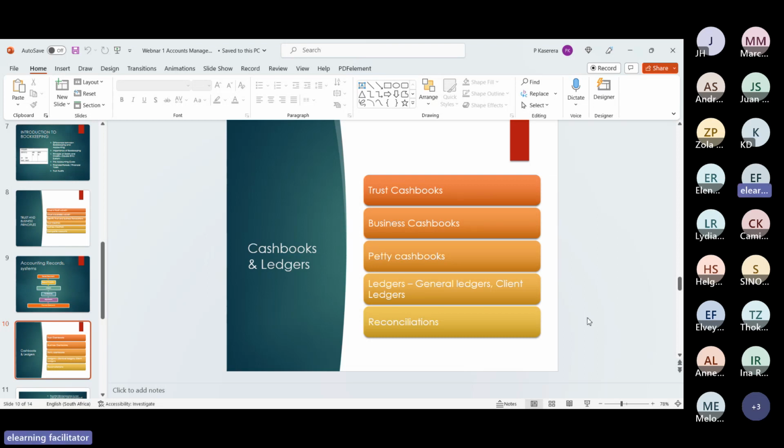But from the cash books, we then have to get into our ledgers. Transactions for that particular client would be recorded in the client's ledger. That is where we integrate, where we link everything, because we have to account for each and every client of ours.